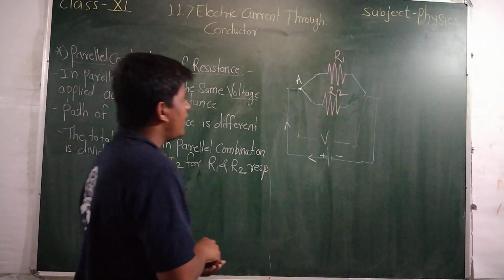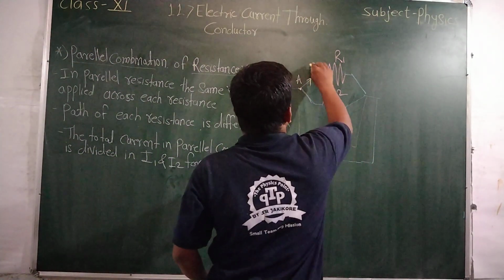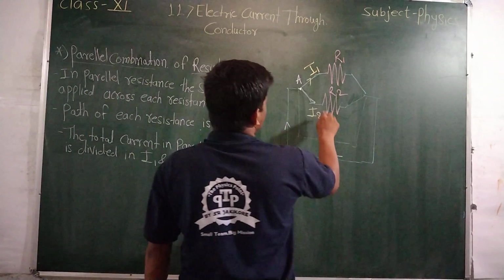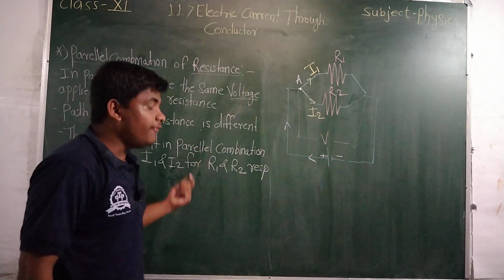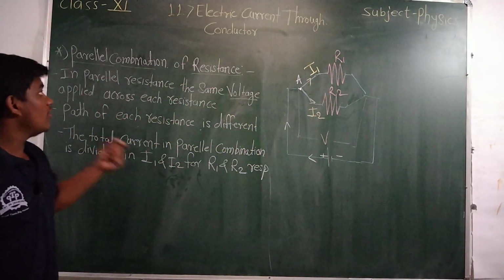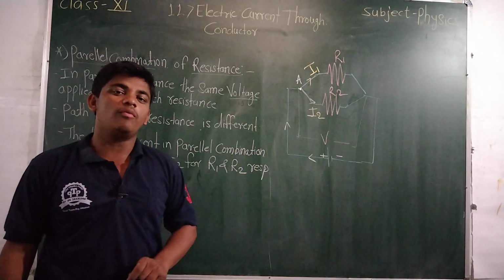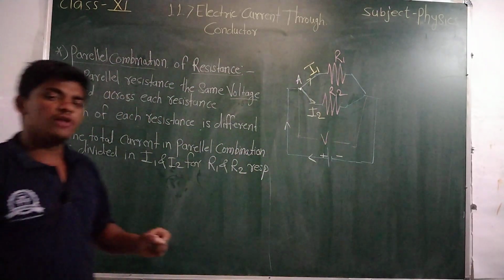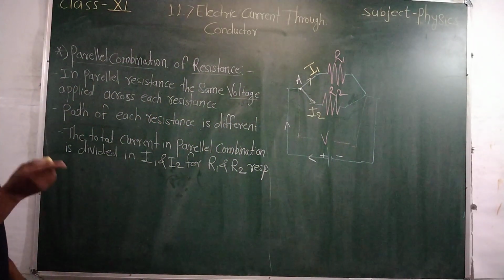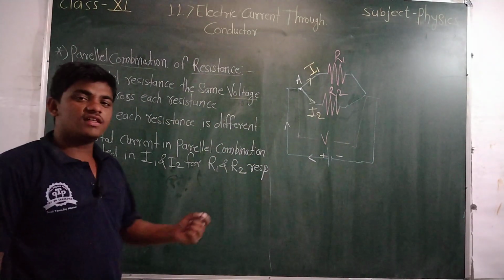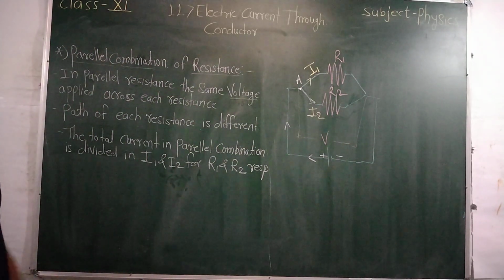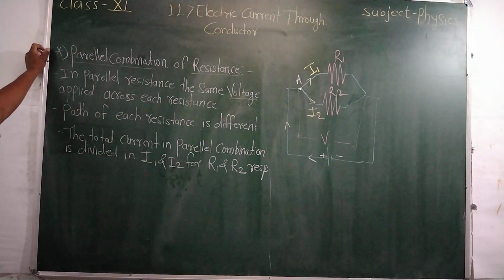The current I1 flows through R1 and current I2 through R2. The current will be different when the resistors are connected in parallel, and the current will be the same when they are connected in series. The potential difference is different in a series combination, while the potential difference remains the same in a parallel combination. These are the comparisons between parallel and series combinations.